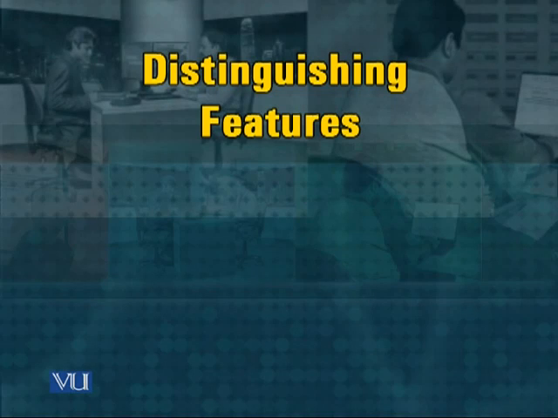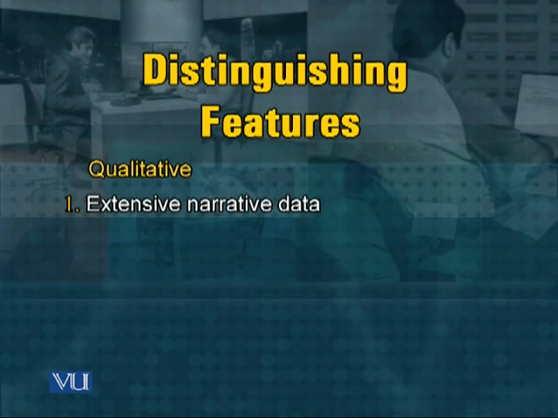It says distinguishing features. So first of all, what are the features which are very significant in the qualitative approach? The first thing is that the qualitative approach has extensive narrative data. Extensive narrative data, as I've already told you.